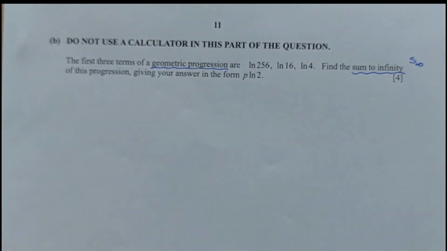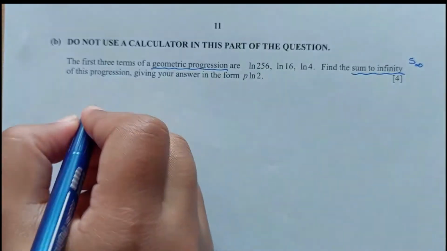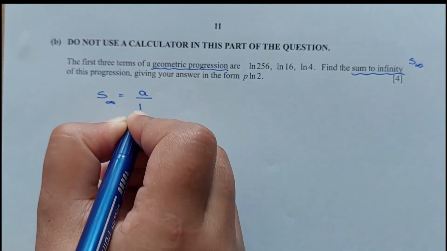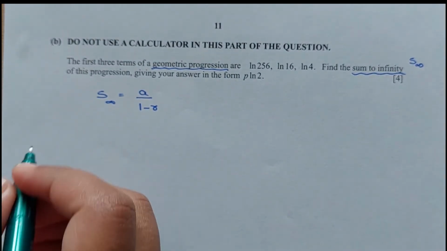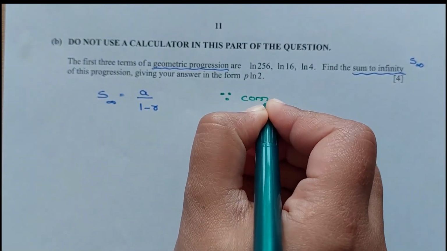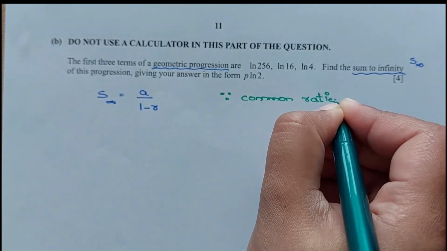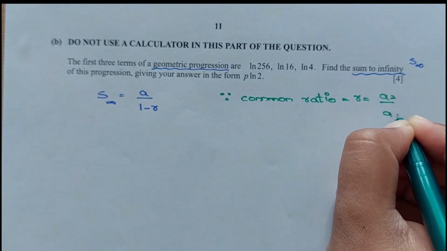Okay, so that's easy. So first we need to write down the formula for S infinity. We know that S infinity is a over 1 minus r. a is the first term, ln 256, right? r is the common ratio. So let me find the common ratio. r equals the second term divided by the first term.